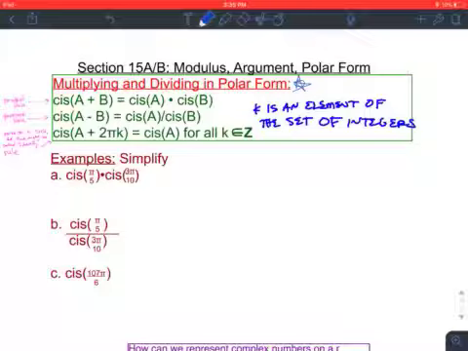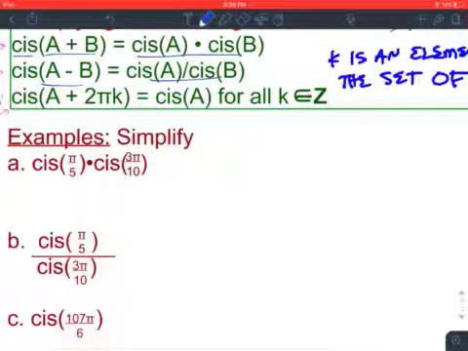And we have here, if you take the complex number in polar form and the argument is a sum, you can write it as a product of two polar form complex numbers, inputs being the two components of the sum. If you have the difference in an input, you can write it as the quotient of two complex numbers in polar form.